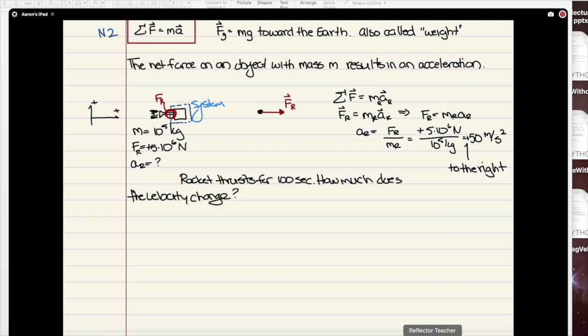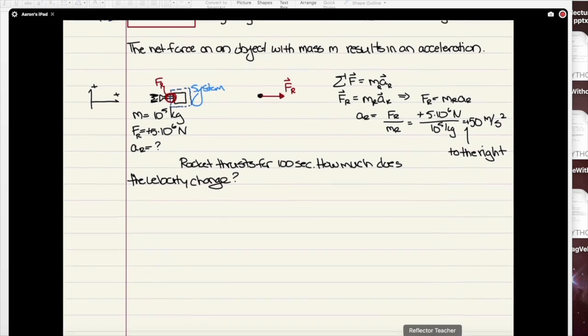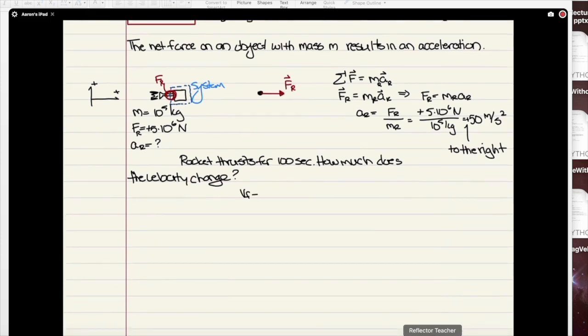Well, in this case, we have solved for an acceleration, and the acceleration happens to be a constant. Therefore, the kinematic equations apply. So I can say that the final velocity in the horizontal direction is the initial plus the acceleration times t. Or that delta v is the acceleration of the rocket times t, which is 100 seconds.